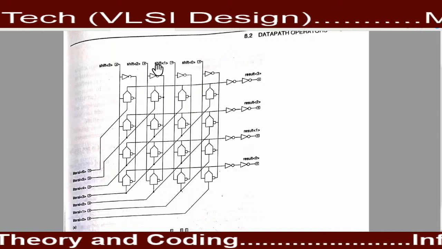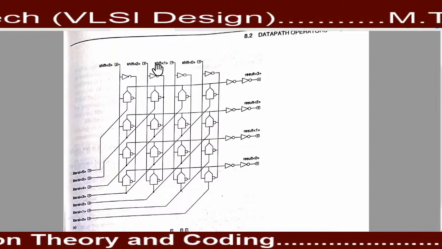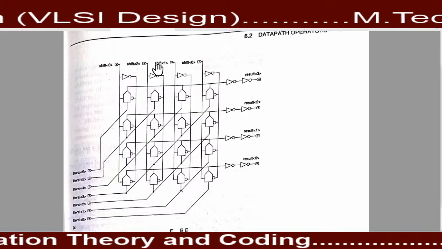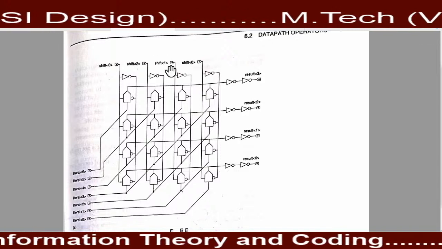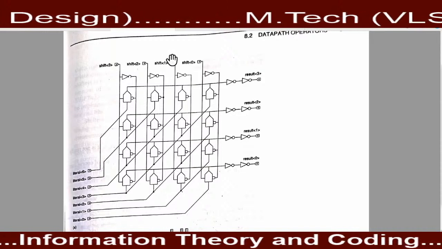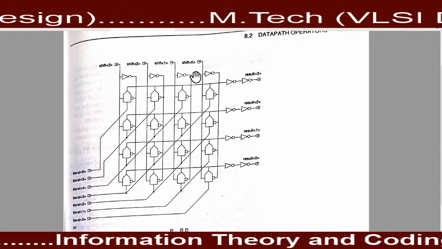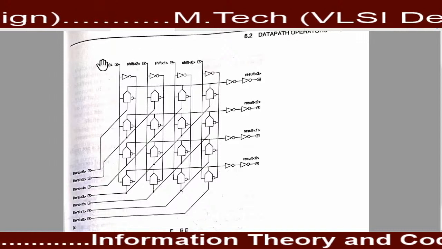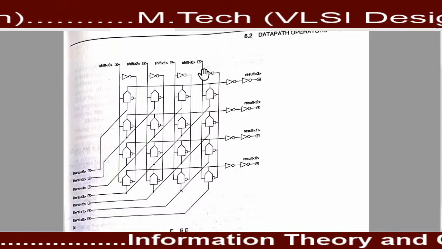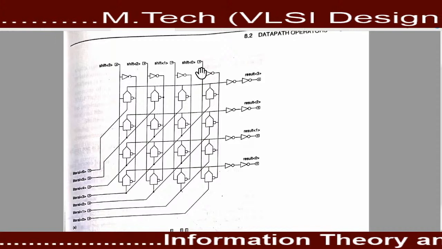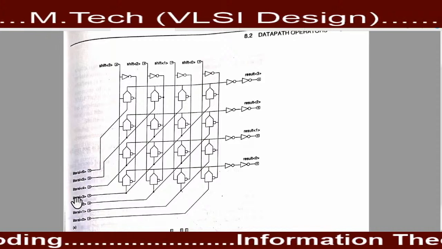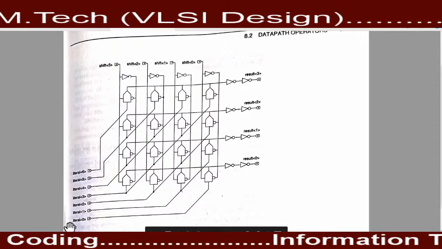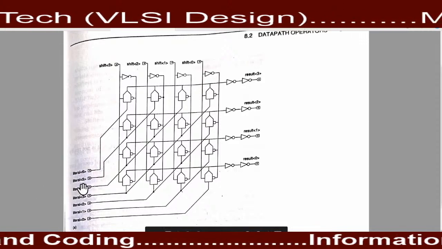Suppose I need to shift our data by one bit. At that time the shift 1 pulse will be high, and the rest of the others are 0. Accordingly, the inputs provided from these literals are shifted one bit left.